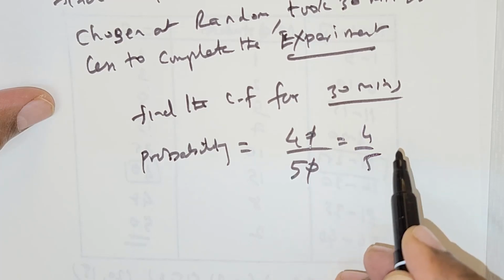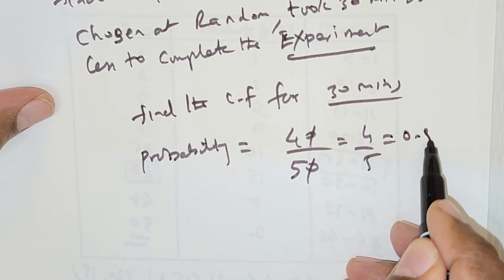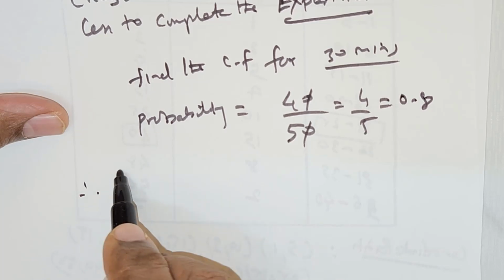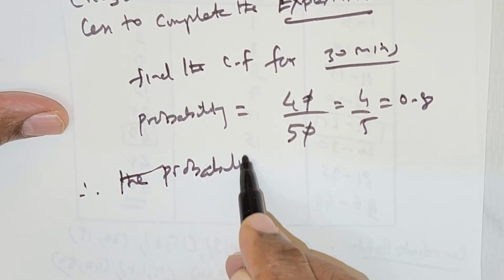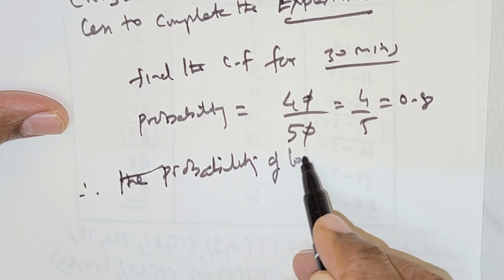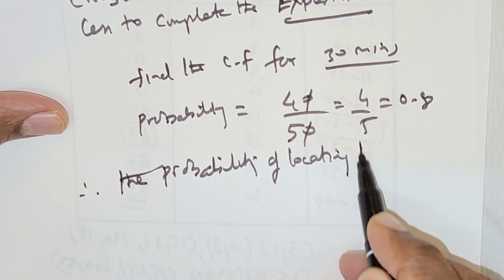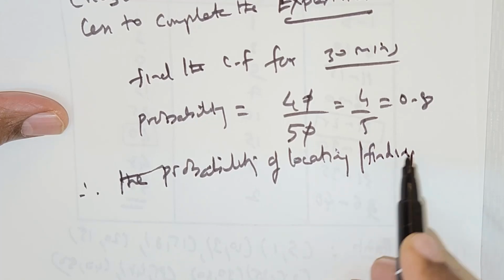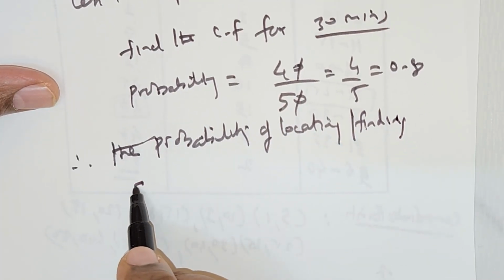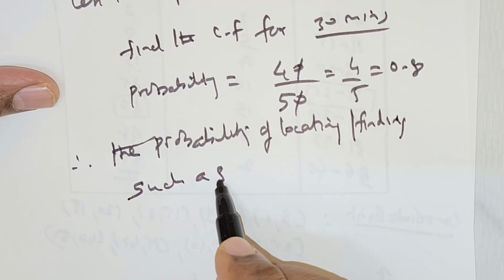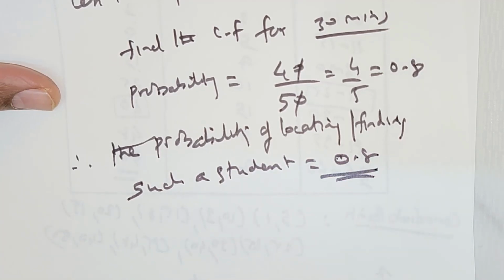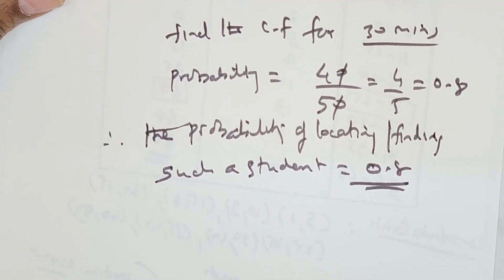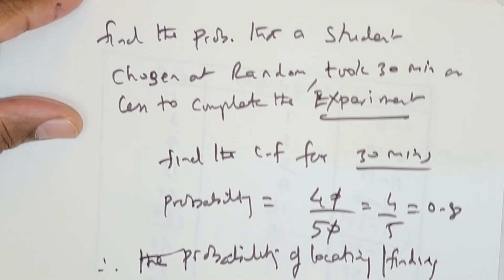This is 4 over 5, which is nothing but 0.8. So therefore the probability of finding such a student is 0.8. Okay, so that is the end of this question. We move on to the next.